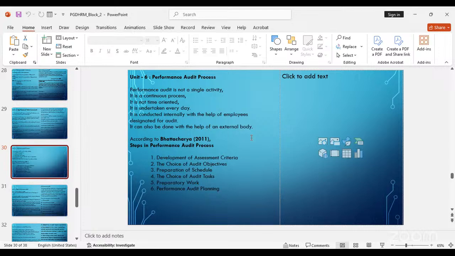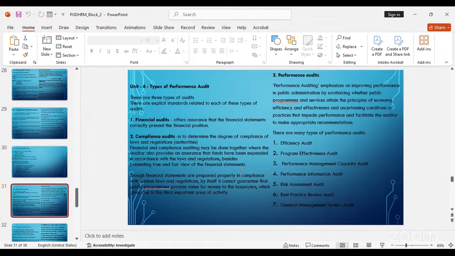Okay. So there are 6 steps in the process: development of assessment criteria, the choice of audit objectives, preparation of schedule, the choice of audit tasks, preparatory work, performance audit planning. Then there are different types of audits which can be conducted: financial audit, compliance audit, performance audit.